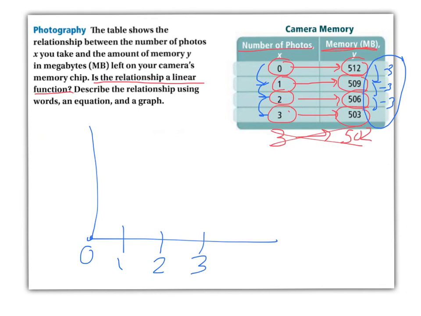It starts up here at 512, so it starts right here. Then it goes down by 3, goes down by 3, goes down by 3. And this is going to make a perfectly straight line, which makes it a linear function. Okay, and that's all we have to do with that one.